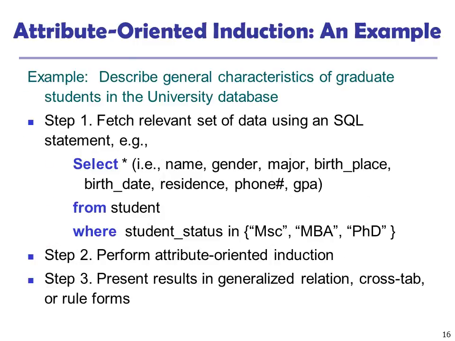We are going to learn about attribute-oriented induction through an example presented here, right? So in the example, what are we required to do? We have to describe the general characteristics of graduate students in the university database, right? So how do you describe the general characteristics?